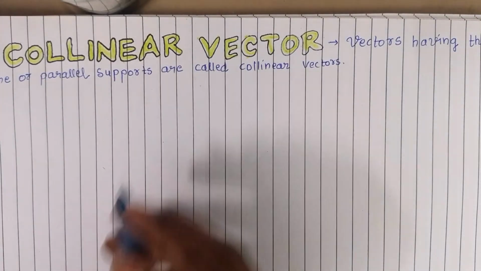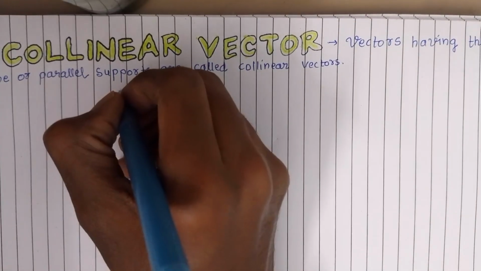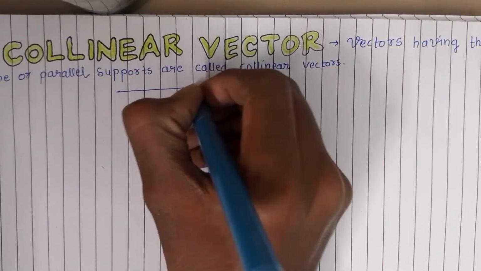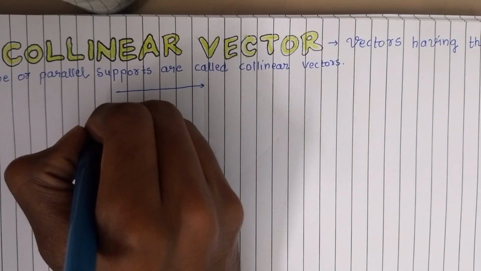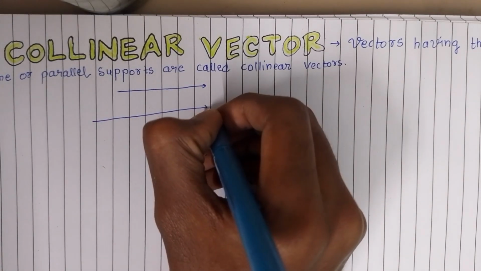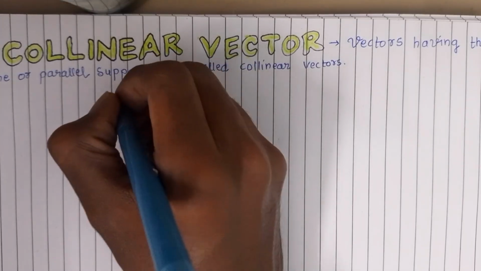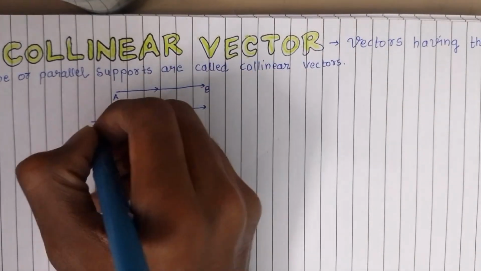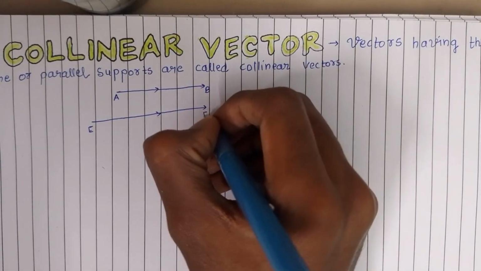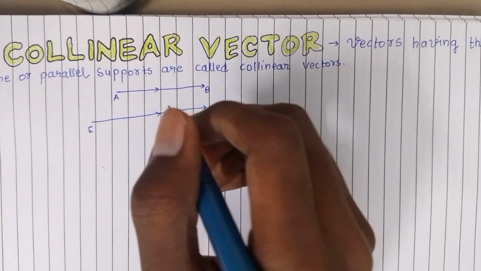For the same sense of support means this: AB vector is collinear to EF vector. How?